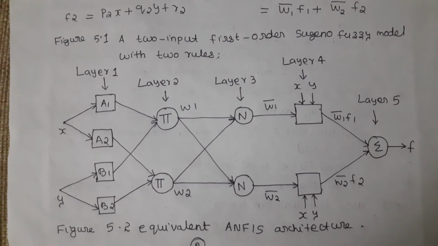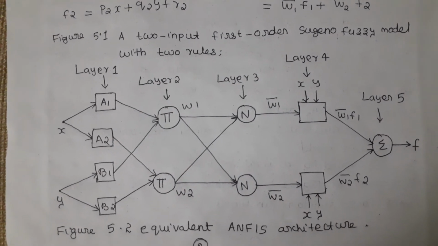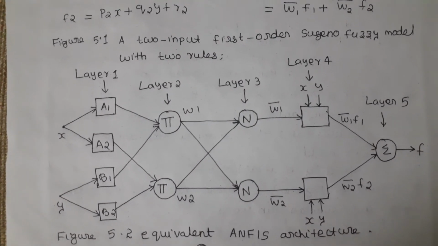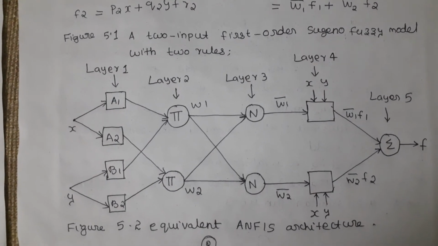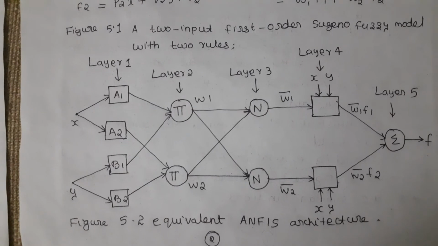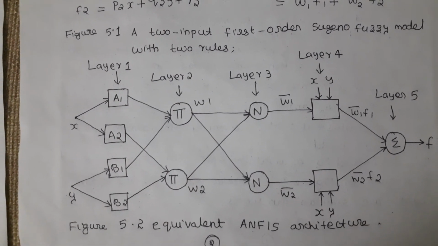The hybrid learning algorithm is a 2-pass algorithm. It uses 2 passes for its working: the forward pass and the backward pass. In the forward pass, node outputs go forward until layer 4 and the consequent parameters are identified by the least square method.